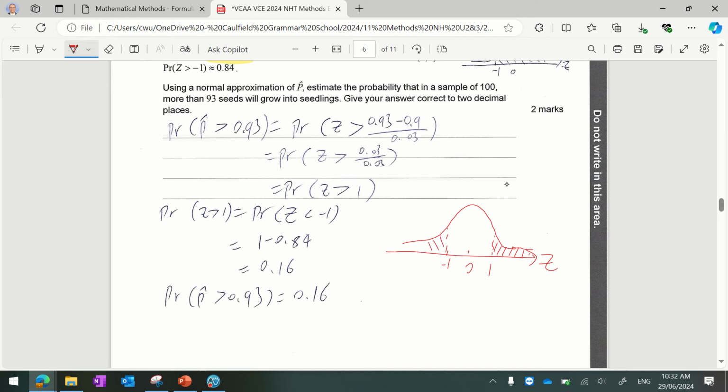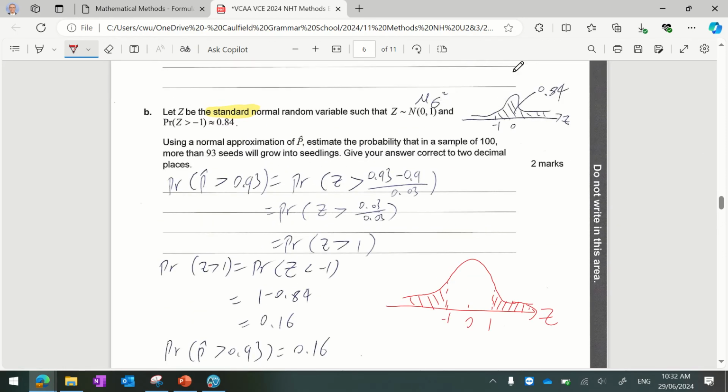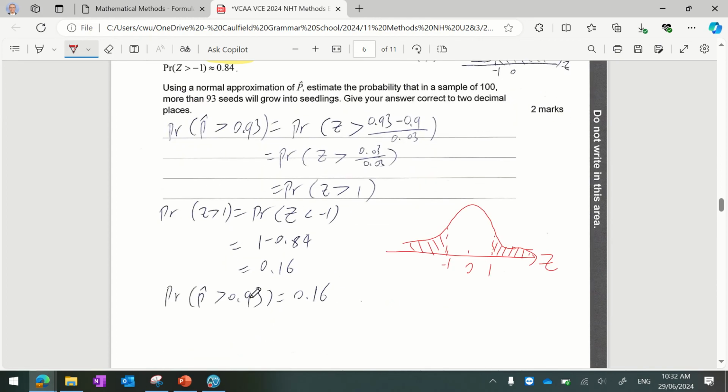Z less than -1 should be the same area. If I need Z less than -1, all I need to do is 1 minus P of Z bigger than -1, which is what the question gave me. So Z bigger than -1 is 0.84, 1 minus that is 0.16. So my final answer is 0.16.